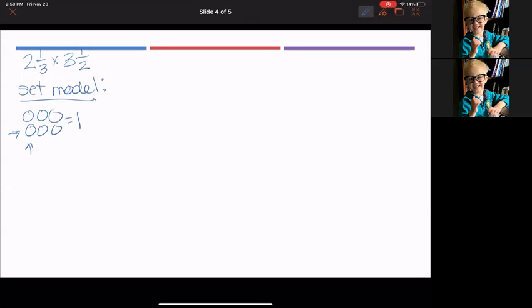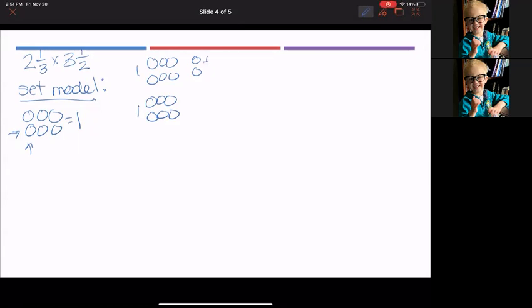So if this is 1, how do I show 2 1/3? I can show 1, this is 1 whole, this is a third. And this is another whole. So here I have 1, 2, and a third.